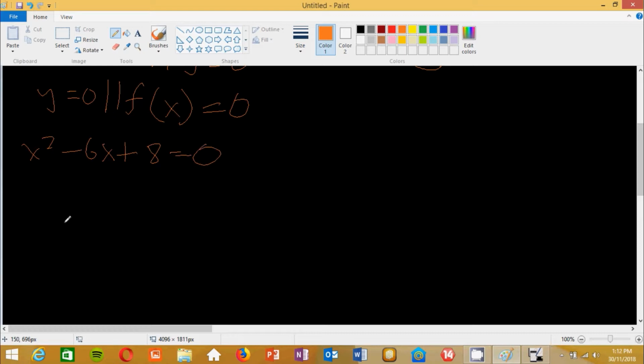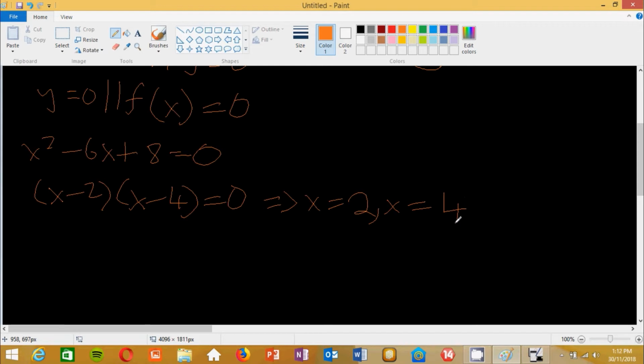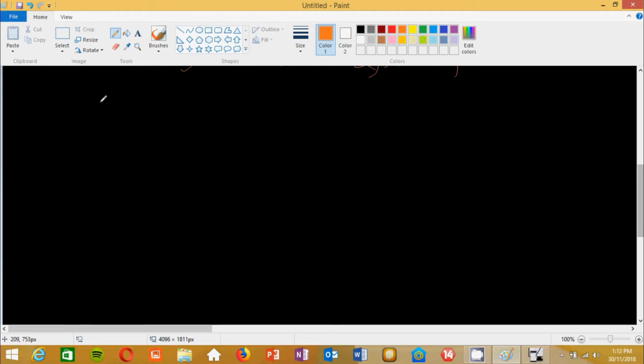We can factorize it, and then we have x minus 2 multiplied by x minus 4 is equal to 0. This implies that x is equal to 2 and x is equal to 4. So now we can sketch our graph.